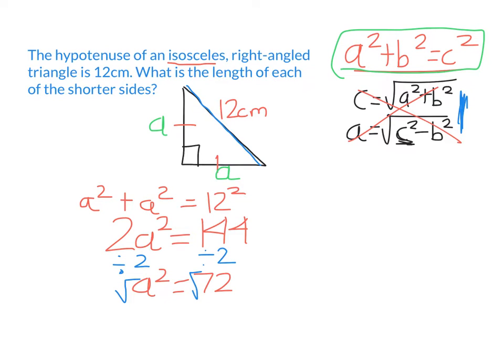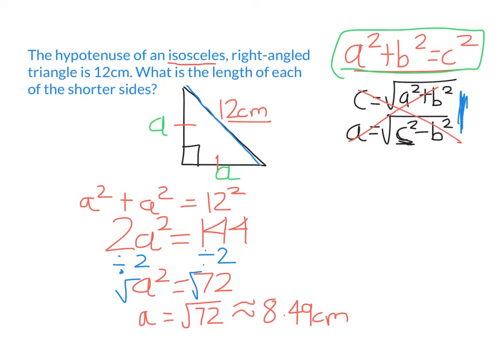I get A is the square root of 72. So that answer is in exact form. Exact form, as I said previously, means the square root of something. Of course, if I was asked to round it, I would just put that in my calculator, and to 2 decimal places, it's about 8.49. Of course, the hypotenuse was in centimeters, so this will be centimeters, okay?